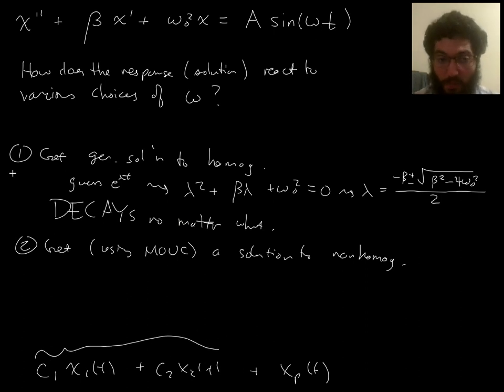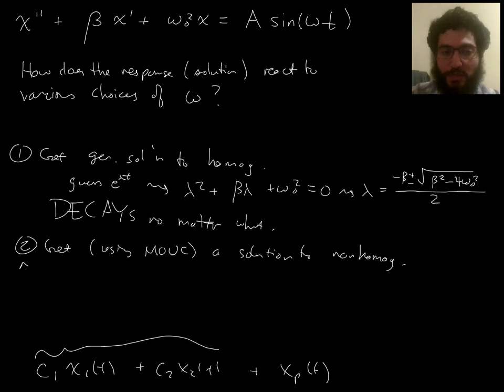I'm not saying that the general solution to any homogeneous differential equation will be a transient part. I'm saying here, where you're looking at a damped harmonic oscillator, this ends up decaying always. So this ends up being the part that is transient. It dies off very quickly, and this part dominates. To understand what's going on, you can pretty much just look at this.